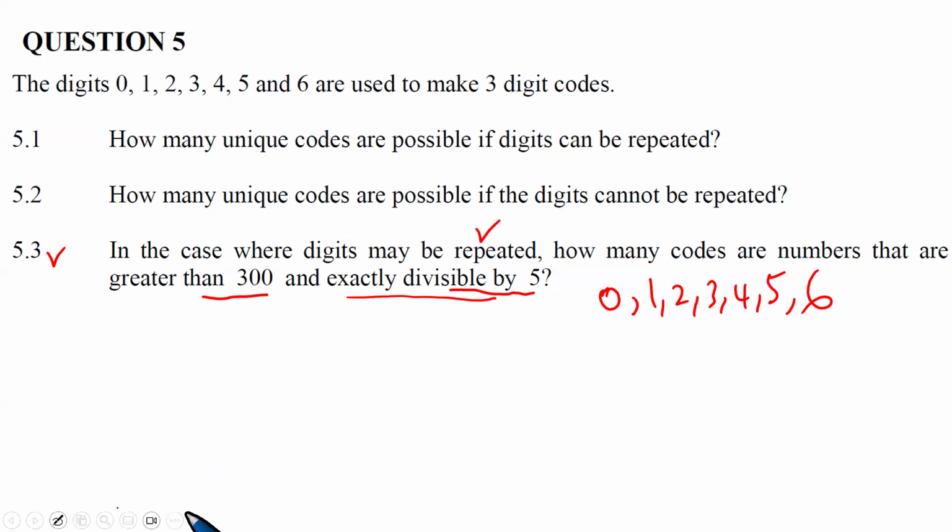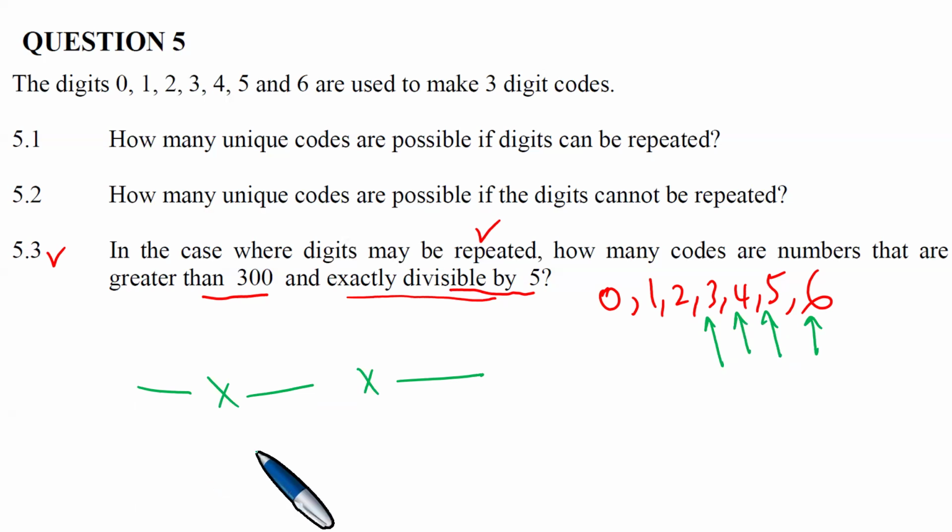Okay, greater than 300, you start. Greater than 300 in the true sense of things can include 300, can include 400, 4, 5, 6. Like this. So now in this case, you'll have the following.